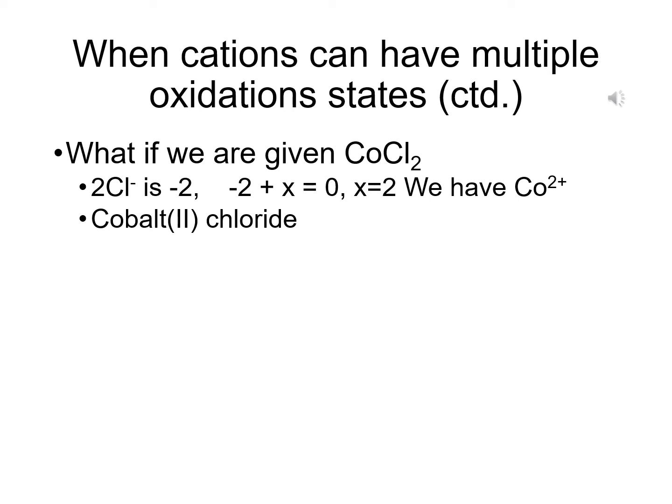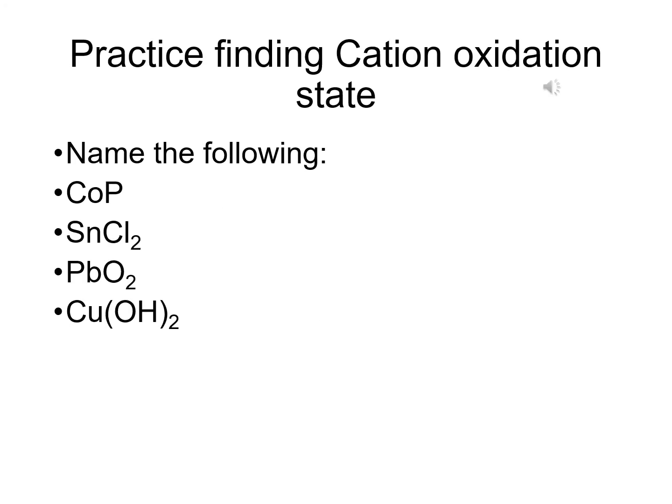So this is copper 1 ion. So we would call this compound copper 1 sulfate. Okay, so let's take on the next slide. Here I'd like you to practice finding the oxidation state of the cation in these 4 compounds.